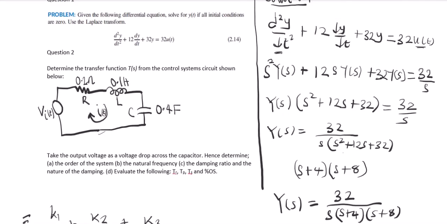Number 1 is done. Number 2 says determine the transfer function T of s from the control system circuit shown below. This is just like in engineering 2, an RLC circuit, so it's not really too complex.